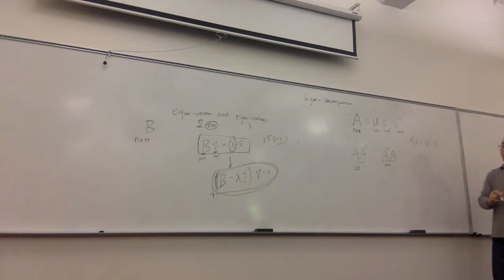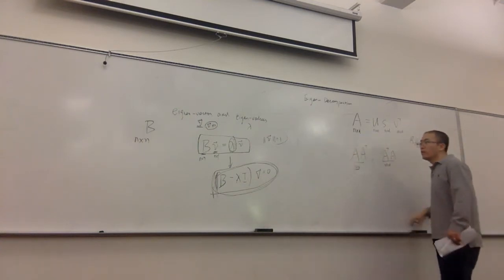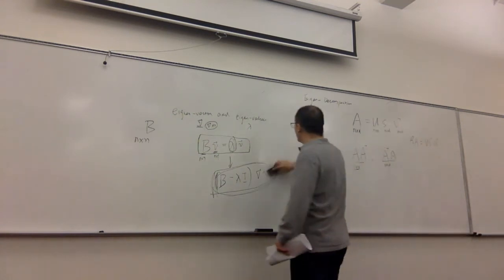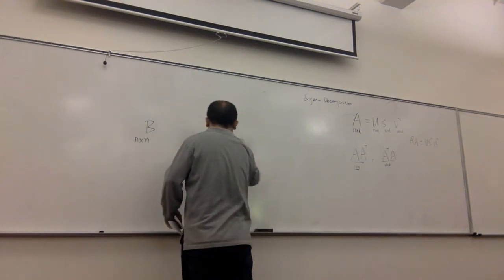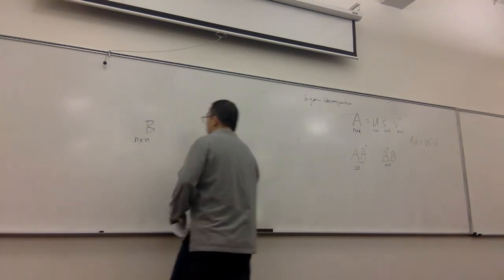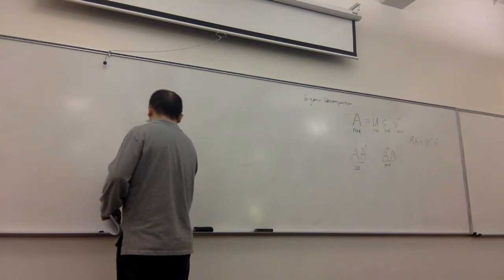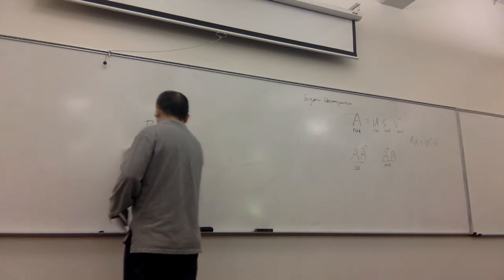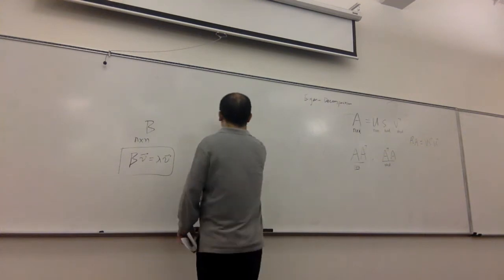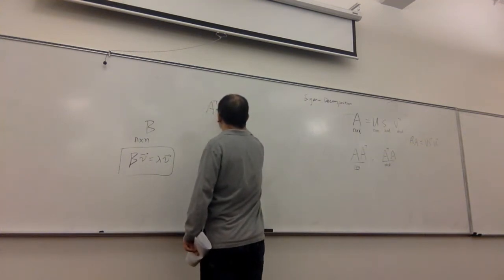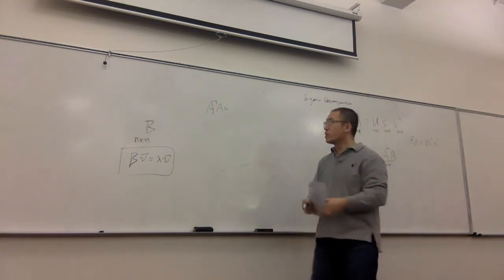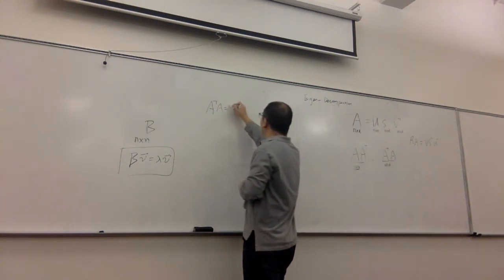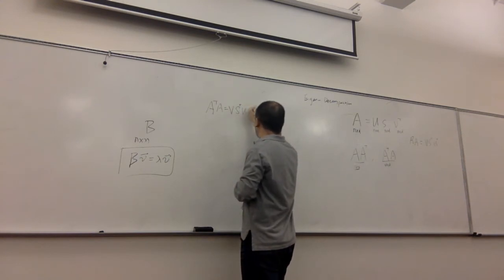I can write it down here. So this is the eigen decomposition. Okay, so let us look into A transpose A. If we substitute A with its SVD, A transpose would be V S transpose U transpose.